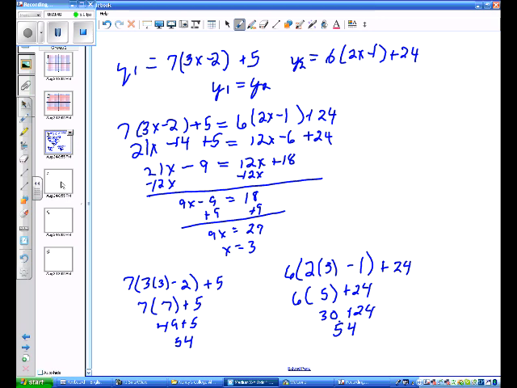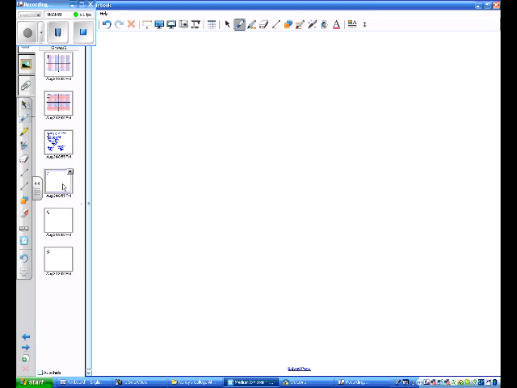If we wanted to look at it in a little different way, it's possible that we could have two equations. y sub 1 is equal to (x minus 3) over 5, and y sub 2 is equal to (x minus 5) over 4.